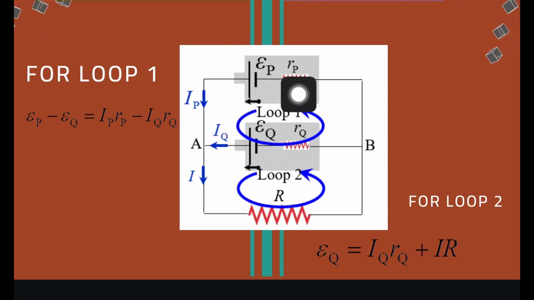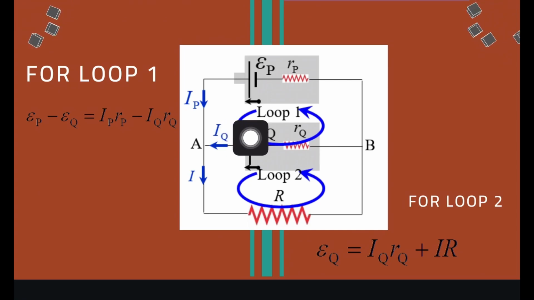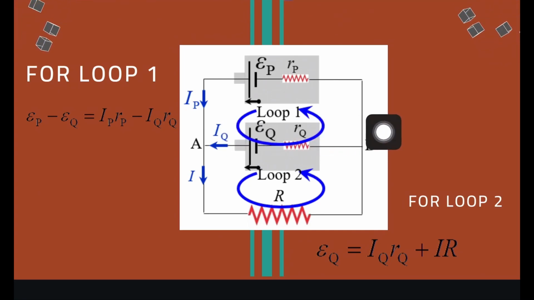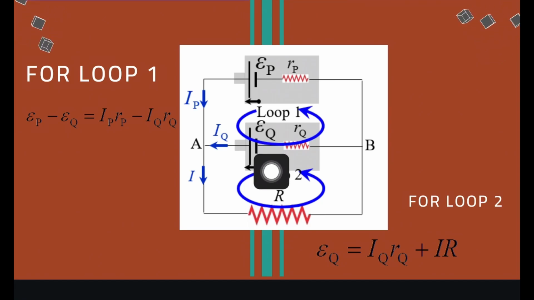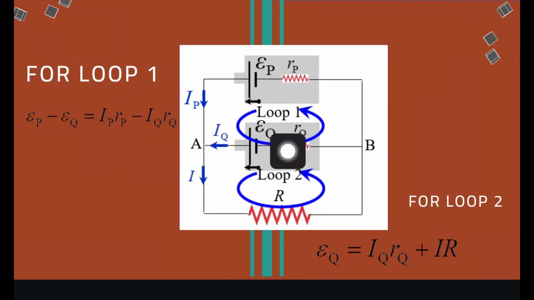Positive EP plus the other one, EQ. But look at the direction of the loop. The loop is moving to the right and it leaves the negative terminal of the battery, so this EQ will be negative EQ. Equals to the summation of IR.